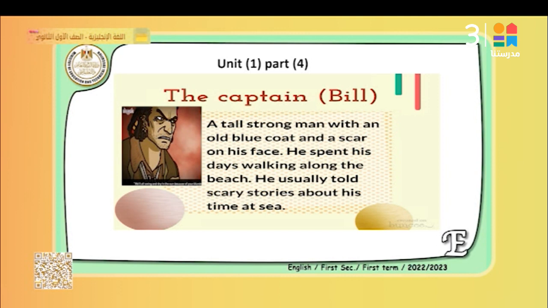He spent his days walking along the beach and he usually told scary stories. What are scary stories? Stories which make us feel afraid. He tells about his adventures in the sea. He usually told scary stories about his time at sea.